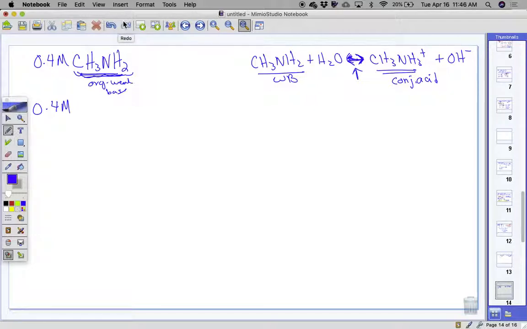Eventually I will put so much strong base into the one we just did that it will become basic, because I will go over the buffering capacity of the buffer. Basically, I will stoichiometrically use up all the acid. So we have exceeded the buffering capacity then.